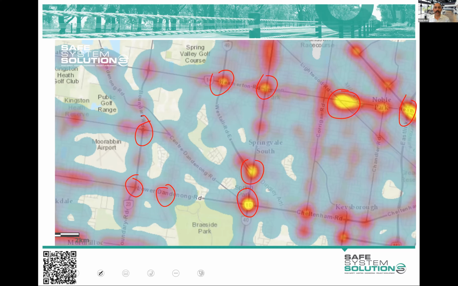The overwhelming majority are signalised intersections. That's interesting, isn't it? Now, the exposure is high because we have a lot of vehicles going through here. We also have all those other things that I talked about, the spike in risks, people crossing the road there, challenges, all the conflict points, right?